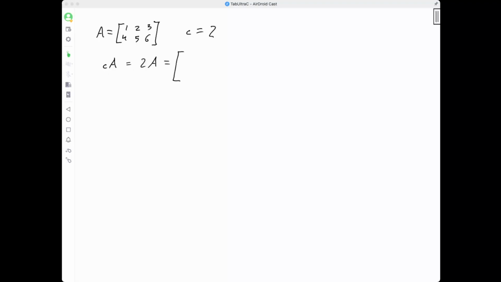So 2 times 1 is 2, 2 times 2 is 4, 2 times 3 is 6, 4 times 2 is 8, 5 times 2 is 10, and 6 times 2 is 12. We call this a scalar multiplication. We have just scaled every entry by the amount of our constant multiplier.